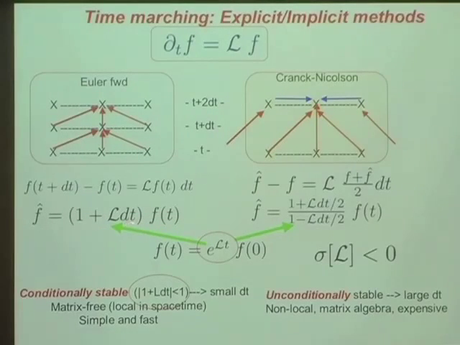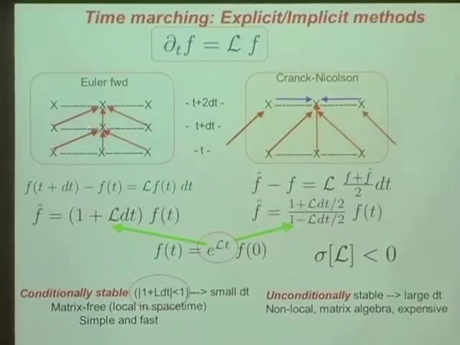This is simple. This is very handy because once you put your equation on a lattice like this, L will be a sparse matrix. Sparse means that in order to update, suppose that this is your unknown, so this is space and this is time.